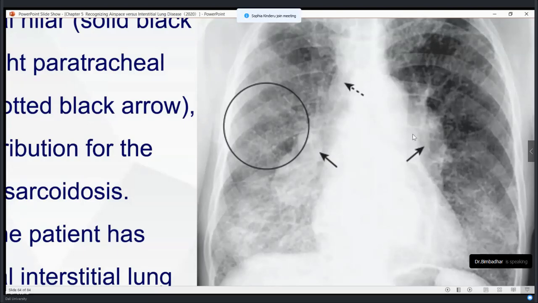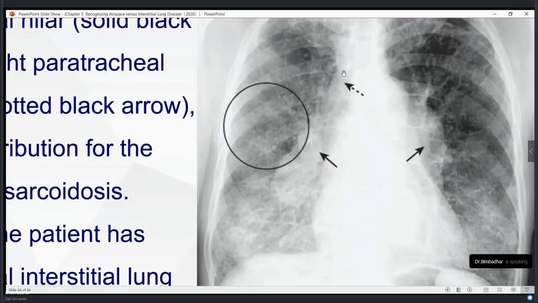And at the same time, when I go down along the line of the superior vena cava, I can also see something overlapping and obscuring the superior vena caval shadow. There is another oval density here along the dotted arrow mark, and this is the paratracheal lymph node area.